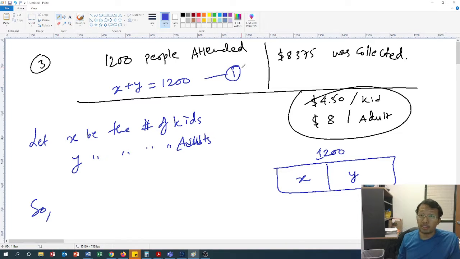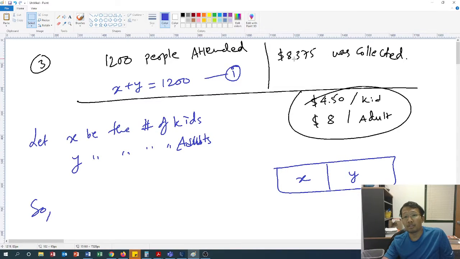Now the second equation. $8,375 was collected. Try to realize how you come up with an equation for this one. We know X kids entered the movie hall and Y adults entered. The total amount collected from X children is simply 4.5 times X. If 10 kids entered, that would be 4.5 times 10.